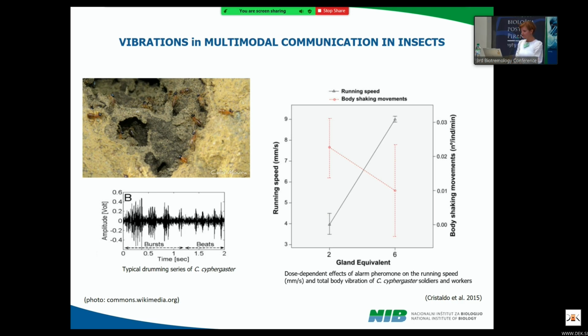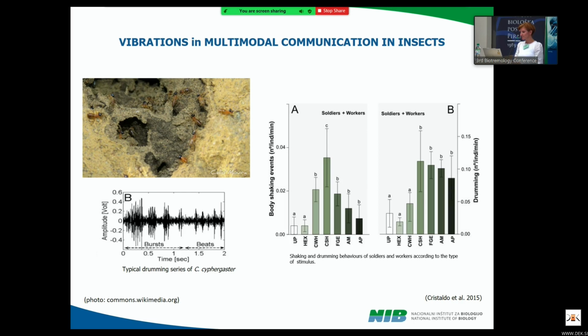That means that if the soldiers and the workers were exposed to lower doses, equivalent to 2 pheromone equivalents, then the vibratory activity would increase and the running speed would decrease. And when they were exposed to higher doses of pheromones, their vibratory activity would decrease and the running speed would increase.